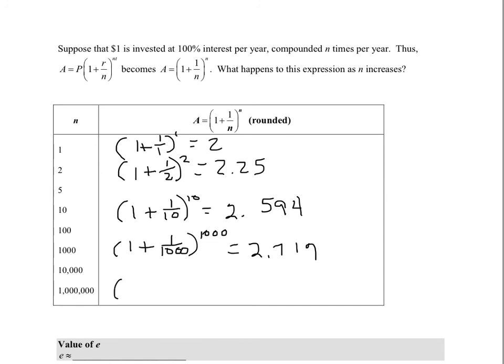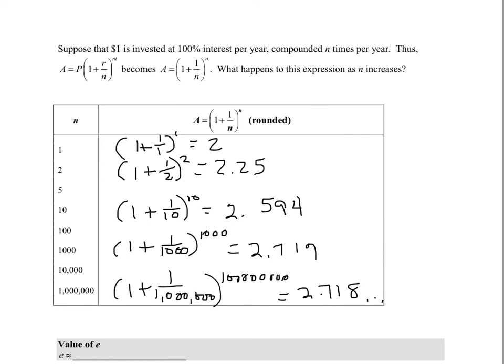And let's look at the last one. 1 plus 1 over 1,000,000 raised to the 1,000,000th power. If we were going to compound this 1,000,000 times in a year, you're going to get 2.718.